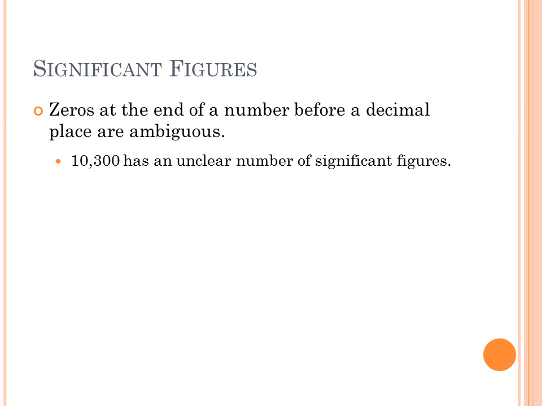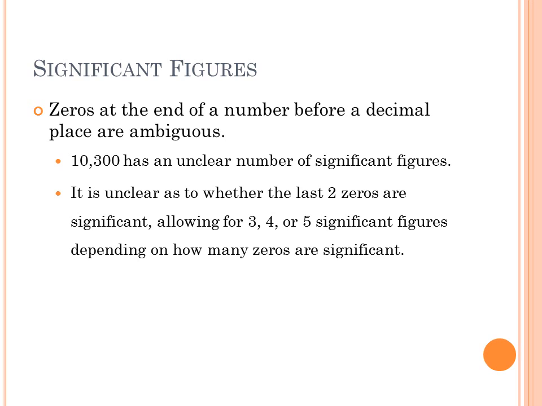For example, 10,300, it's unclear how many significant figures it has. So those last 2 trailing zeros, it's unclear whether or not they're significant. The 0 between the 1 and the 3 is significant, so it could have 3 or 4 or 5 significant figures, depending on how many of those zeros are actually significant.